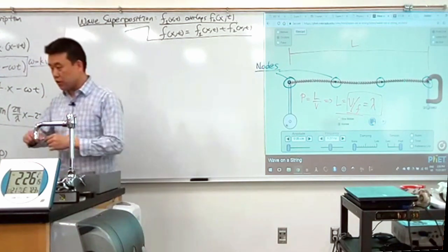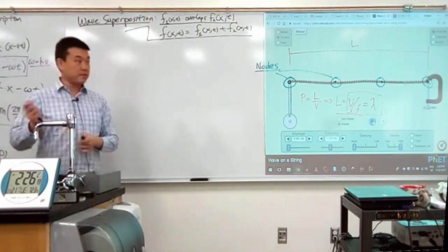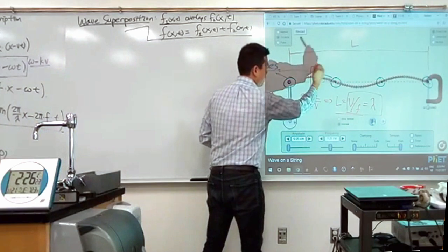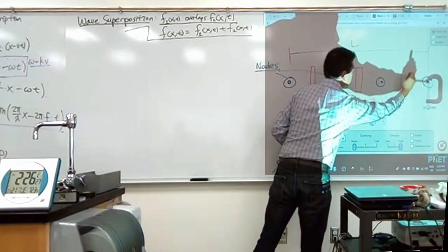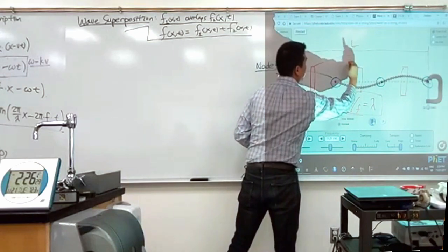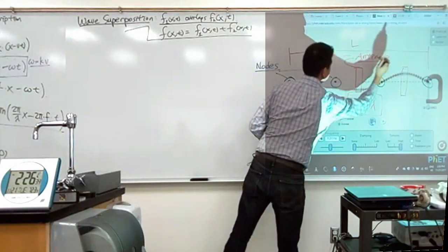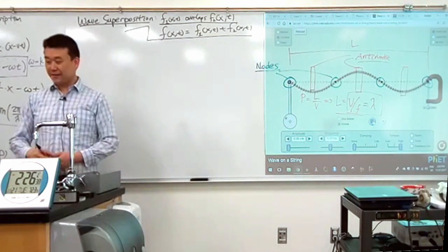And as long as I'm talking about nodes, let me talk about antinodes. What we call antinodes in a standing wave are these points, the place right in between the nodes. All these points are what we call antinodes. It's sort of what it sounds like, the opposite of a node.